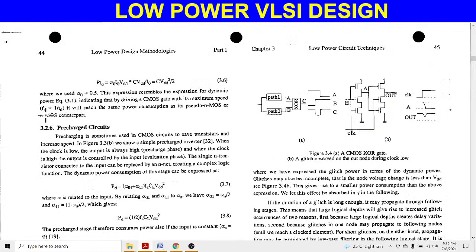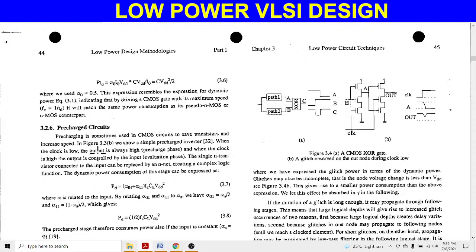Now the next is the pre-charge circuit. What is the meaning of pre-charge circuit? Our main purpose in designing any circuit is to minimize the power consumption and power dissipation.